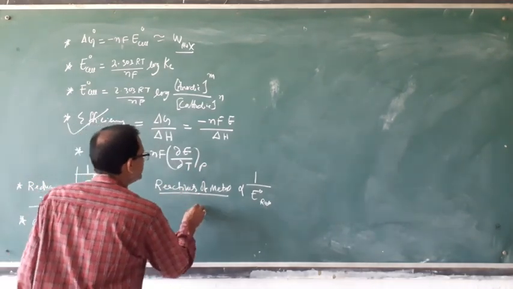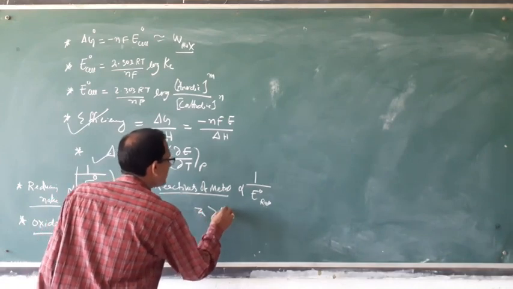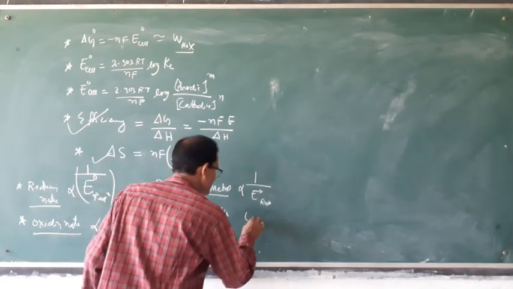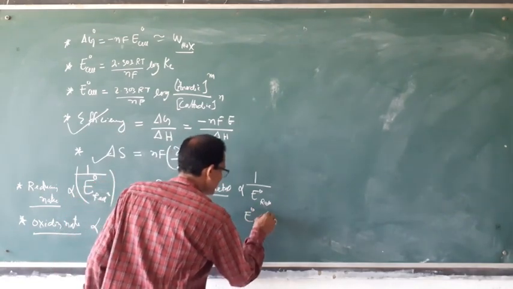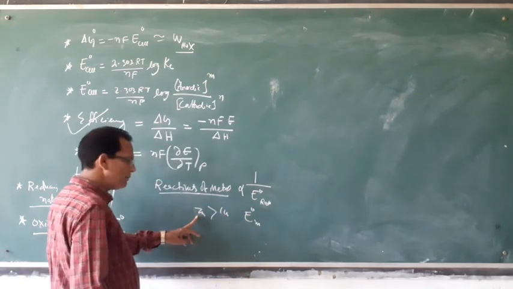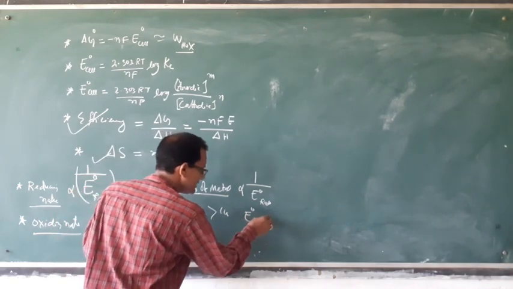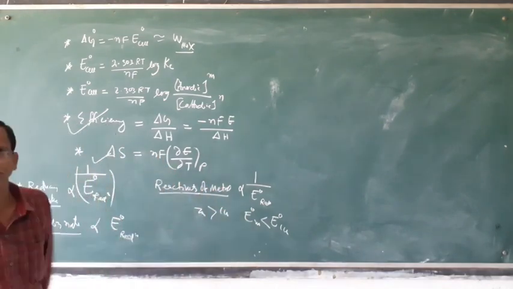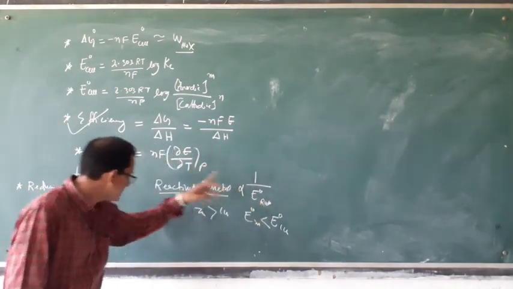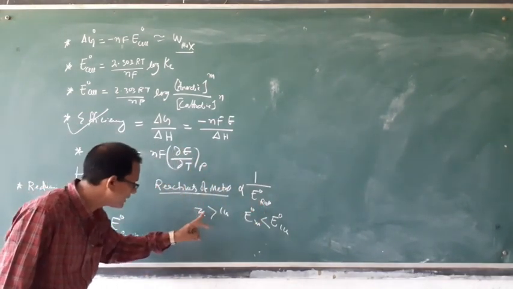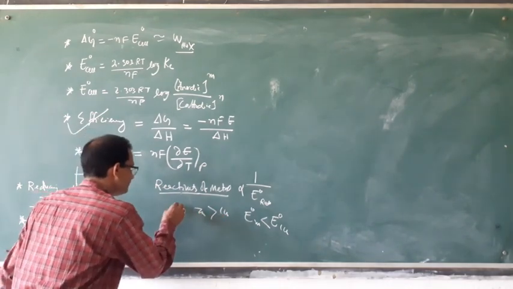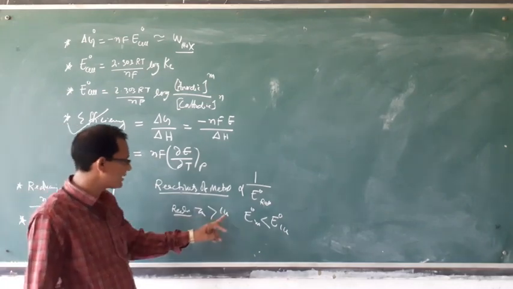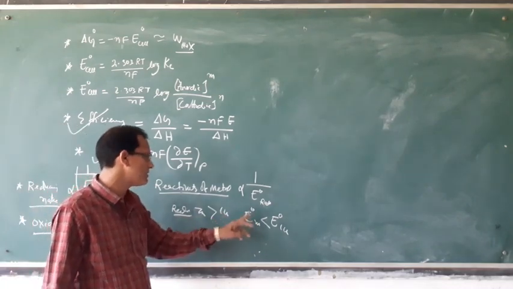For example, zinc is more reactive than copper, which means the reduction potential of zinc is less than the reduction potential of copper. High reduction potential, low reactivity. If zinc is more reactive than copper, zinc's reduction potential is less than copper's.